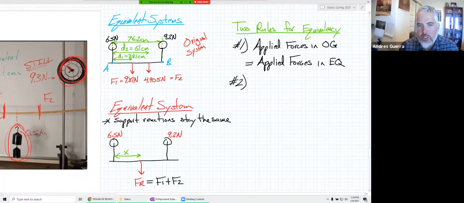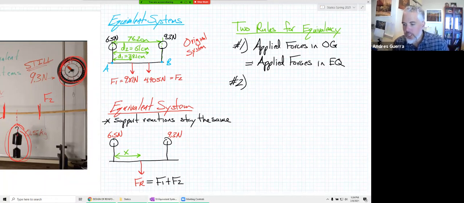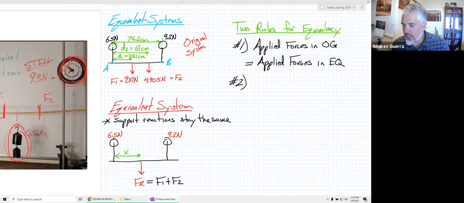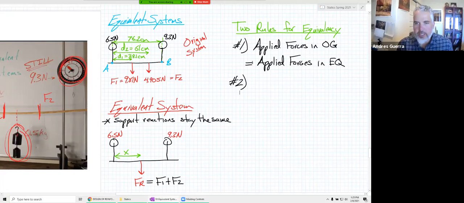Our second rule is how we're going to find that distance X. We've used this concept before, we've used this equation before. What thing have we done that includes a force and a distance? Yeah, the moment, right?